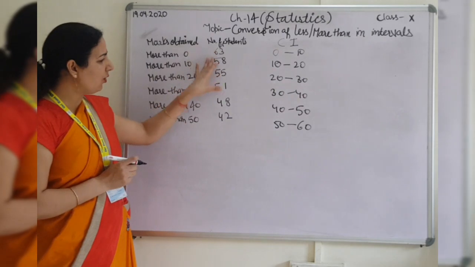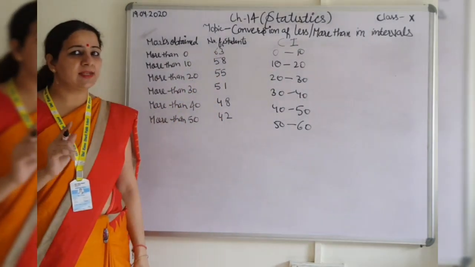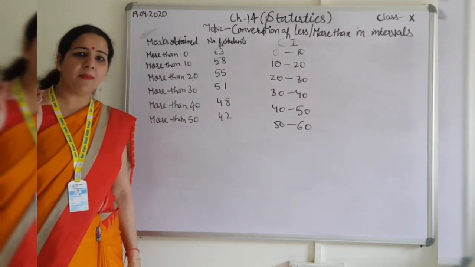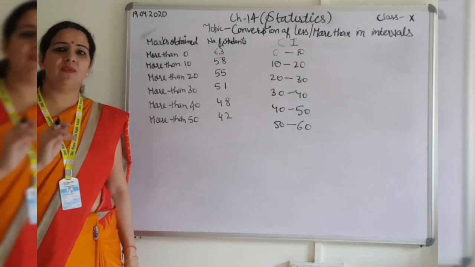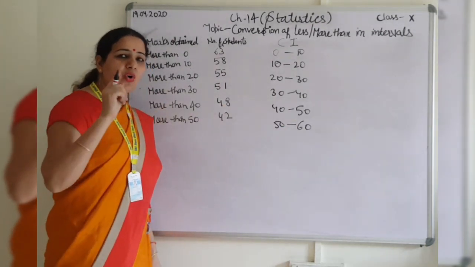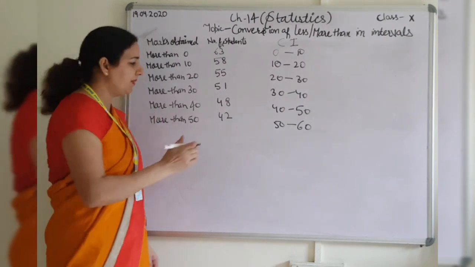It means we are adding all the numbers here. So we will start. First point: in less than type, we always start the question from the top. In more than type, we always start from the bottom. In less than, the top number will remain the same. In more than, the bottom number will remain the same.